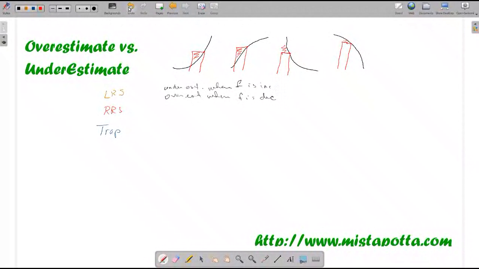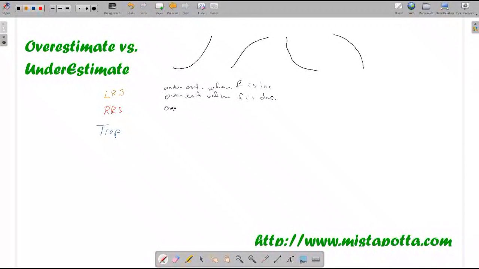So let's go ahead and put that in our table here. So what's happening here is this is the opposite of our left-hand Riemann sum.